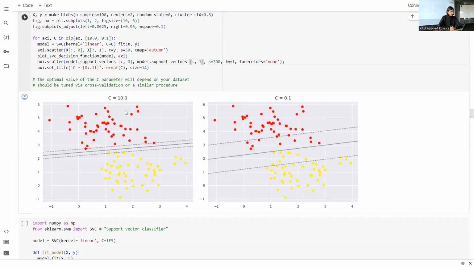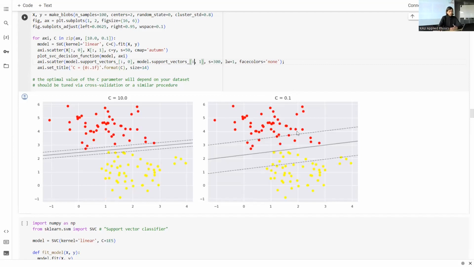So for example, C equal 10 and C equal 0.1. And now you see what happens. Here we have very strict conditions, and you see that the closest points are chosen as support vectors. In the case of a small C equal to 0.1, I allow the machine to choose some different points as support vectors, and some of these points are getting closer to the separation line.